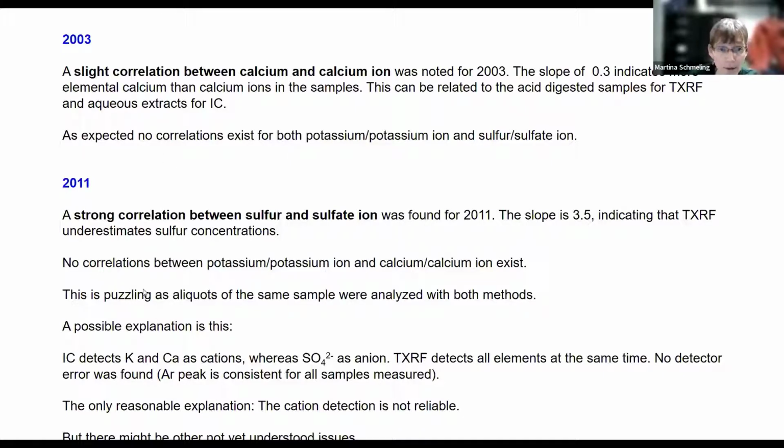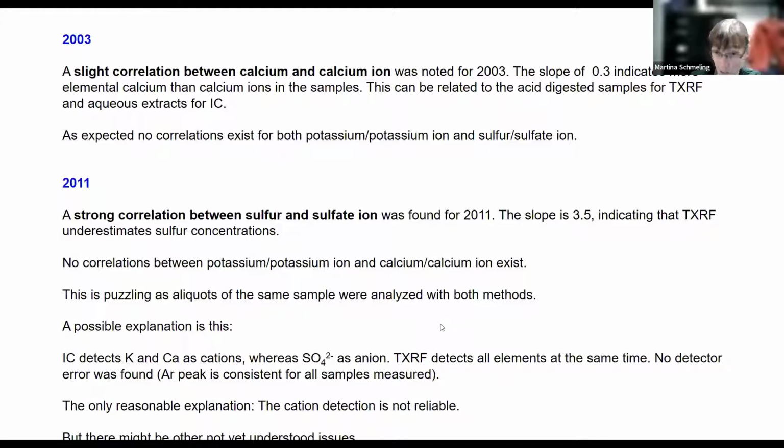So as I mentioned, we were quite pleased with the sulfur and sulfate ion correlation, but it was puzzling that we didn't find a correlation between potassium ion and calcium, because both we would expect that. However, we think that most likely something happened to the cation column, and there would be some variation.